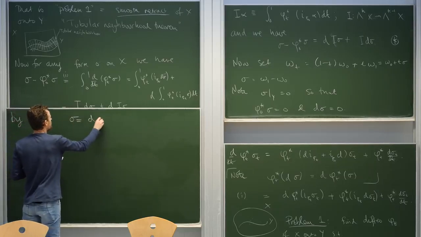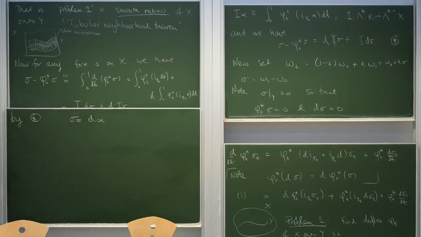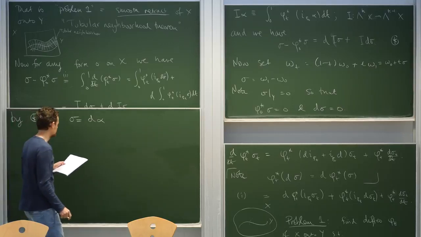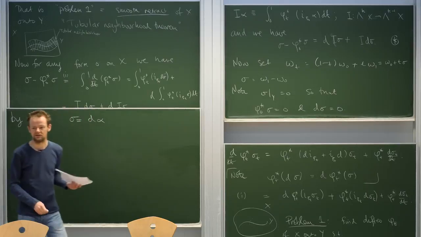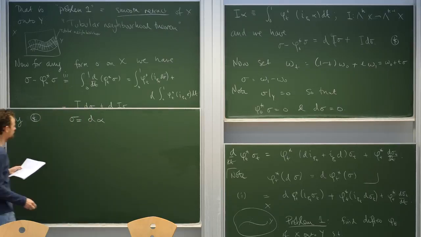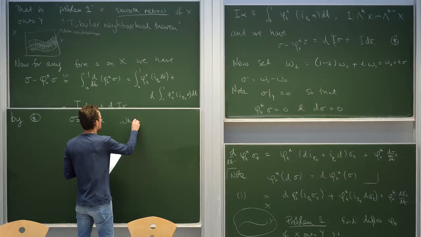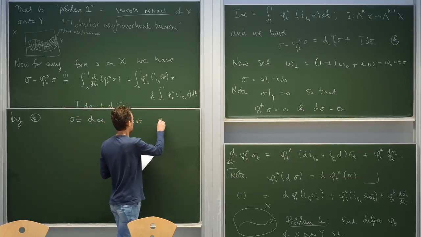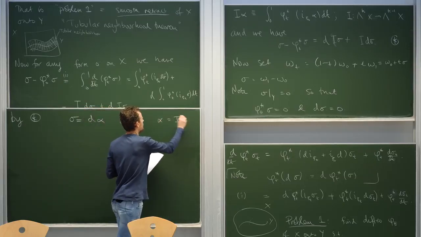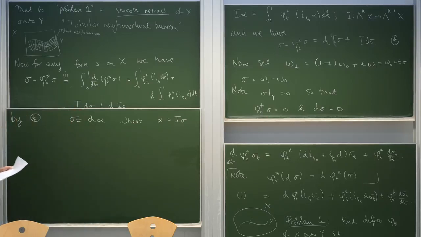So there is some alpha that when you hit it with d gives you sigma. It's pretty neat. Otherwise, this is Poincaré's lemma in disguise. And we even know what the alpha is. It's just this I applied to sigma.